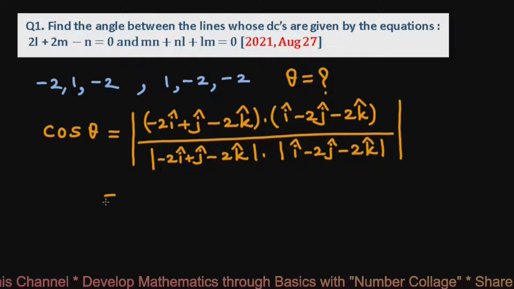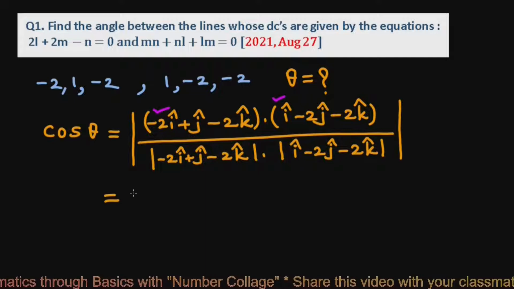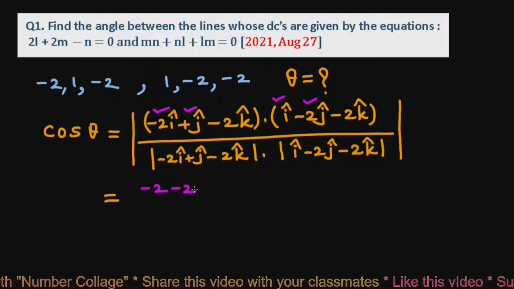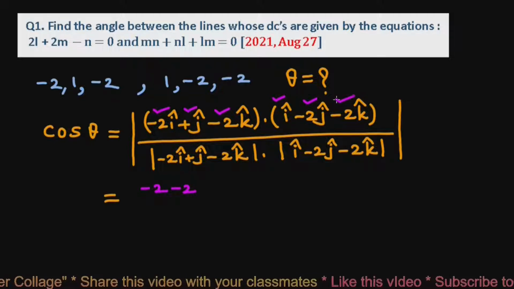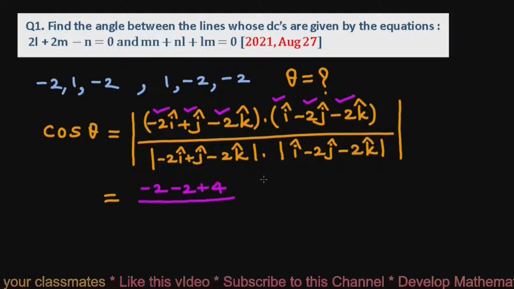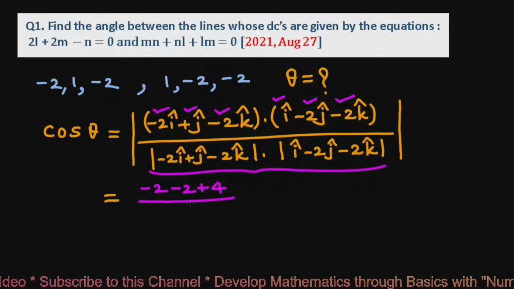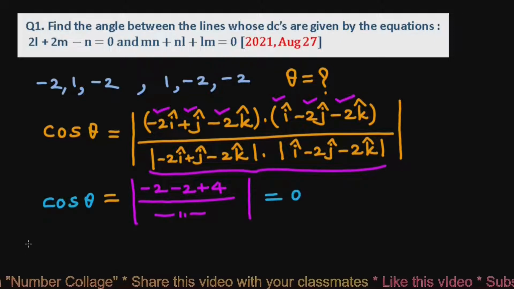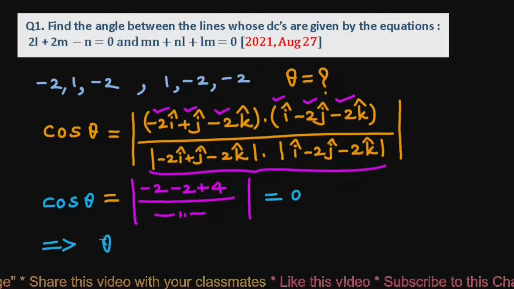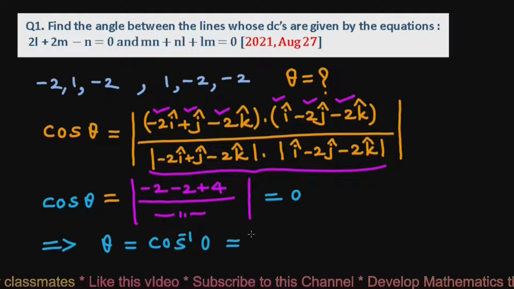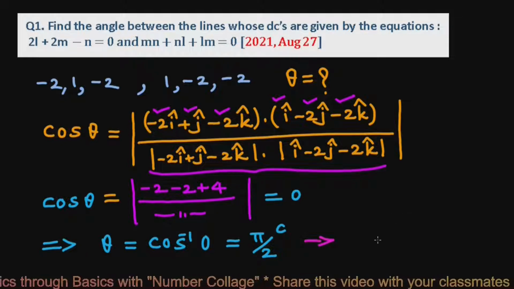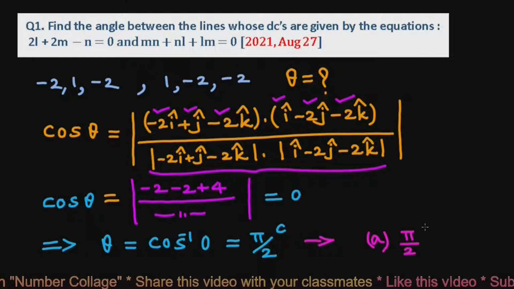So that will be minus 2 multiplied by 1 is minus 2, 1 multiplied by minus 2 is minus 2, minus 2 multiplied by minus 2 is plus 4, upon this denominator, which gives us cos theta equals 0, which implies theta equals cos inverse 0, that will be pi by 2 radians. So the correct option is A, pi by 2 radians.